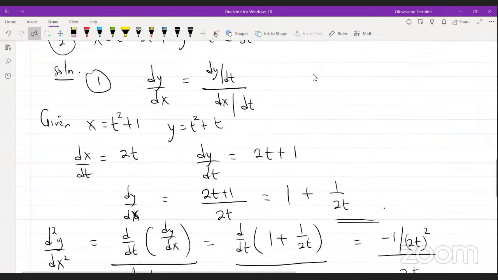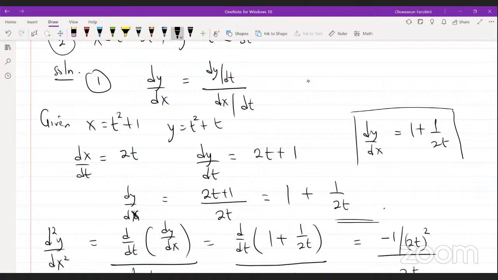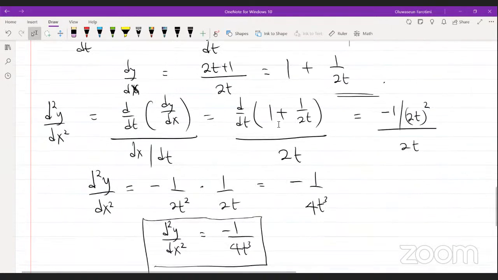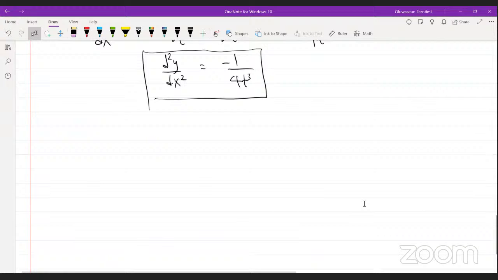Okay, so this is my second derivative. What about my first derivative, guys? The first derivative, where is it? Okay, so we had it here, dy/dx, 1 plus 1 over 2t. All right, but we're not done, guys. The next question was asking us to find the values of t for which the curve is concave upward, right?